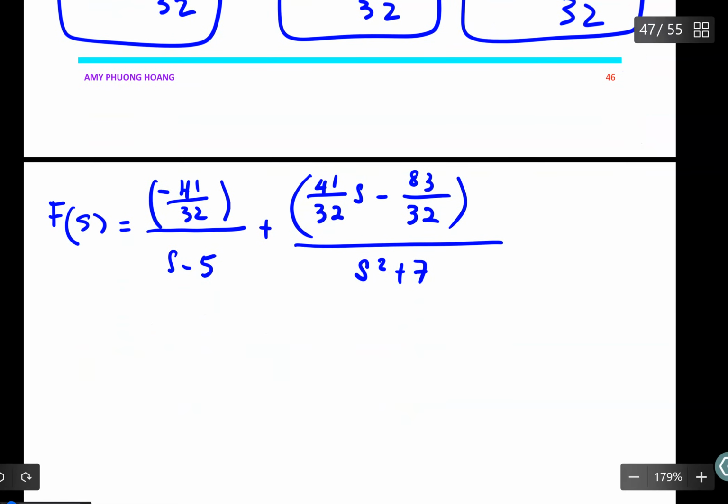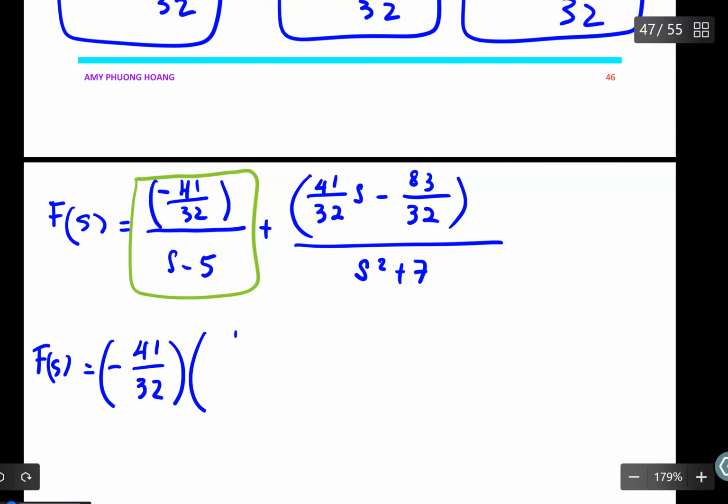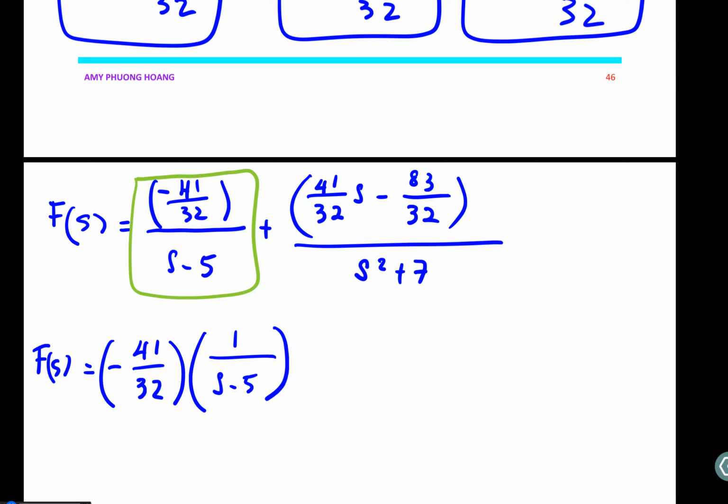Alright, okay. So I would like you to notice this. It's the very first fraction that we have. What we do is we will factor out 41 over 32. Inside the bracket, I have 1 over s minus 5. The reason I'm doing this is because I would like you to recognize what transform you need to use for this particular fraction.